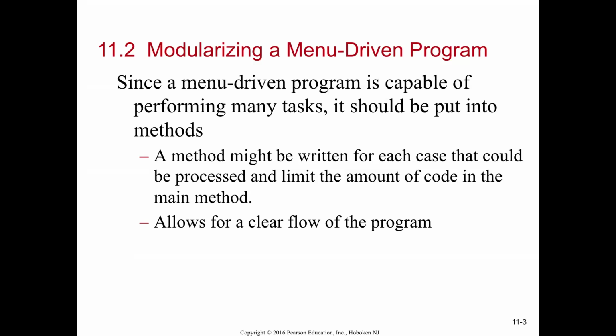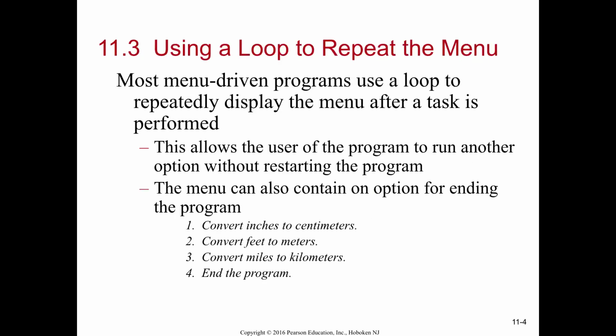There might be other methods that will actually have a submenu. Maybe there's more than one menu in the class, nested or embedded. So you're going to want to have every method that gets executed from the menu in its own method. You're not going to want to put all that code in the main, so you're going to want to split it up into lots of subroutines and submethods.